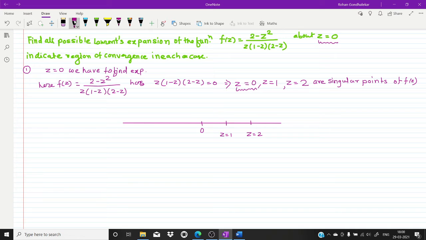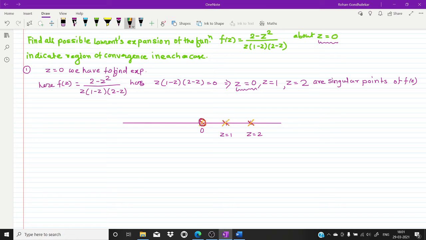All these are your singular points, and of course, this point will act as the center of the circle. For the first minute, forget that this is a singular point.